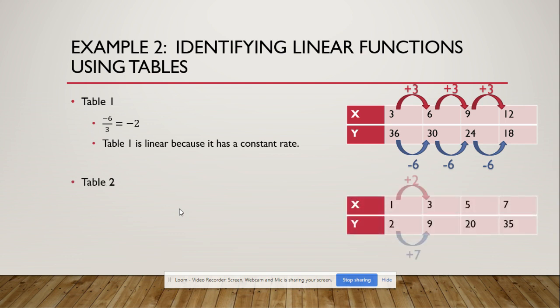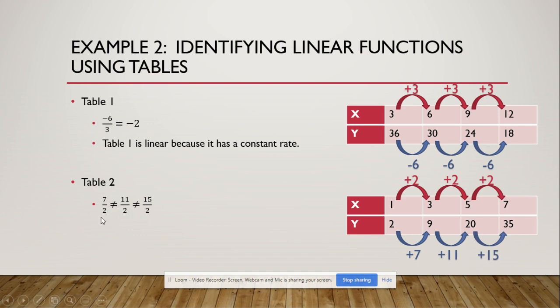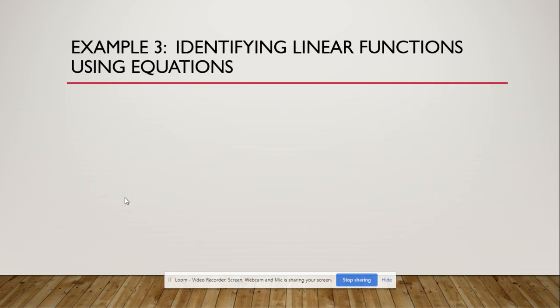So we find the change in y and the change in x. So 7/2, 11/2, and 15/2. Those three fractions are not equal. Therefore, the rate of change changed. So it's nonlinear. It does not have a constant rate of change.